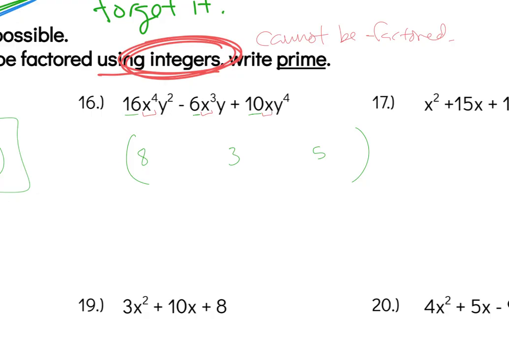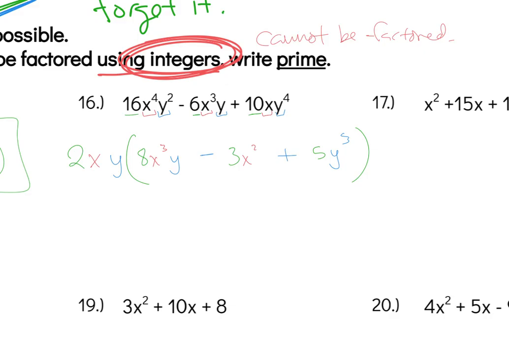So you know what? I need to make some room over here. So I'm going to have x cubed, x squared. And then last is the y's. They all have at least 1 y.